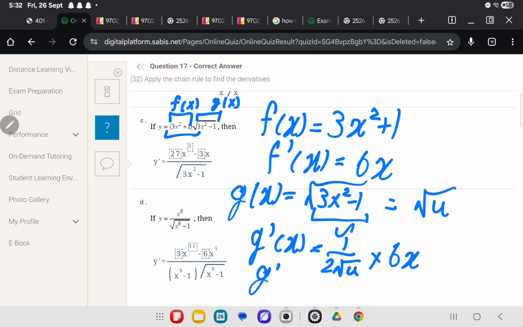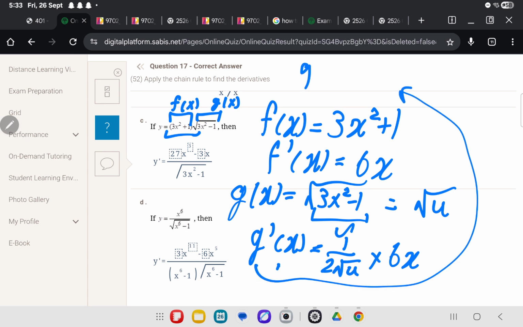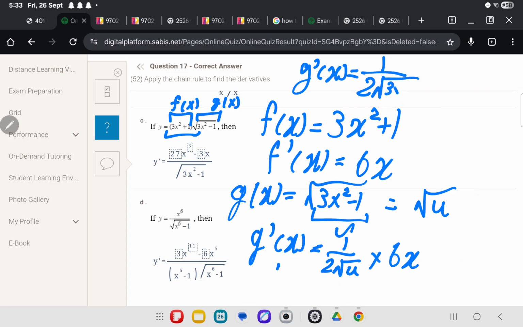Now g prime of x is equal to 1 over 2 radical... Sorry, I don't have space, so I'm going to take this all up here. G prime of x is equal to 1 over 2 radical 3x squared minus 1, times 6x.